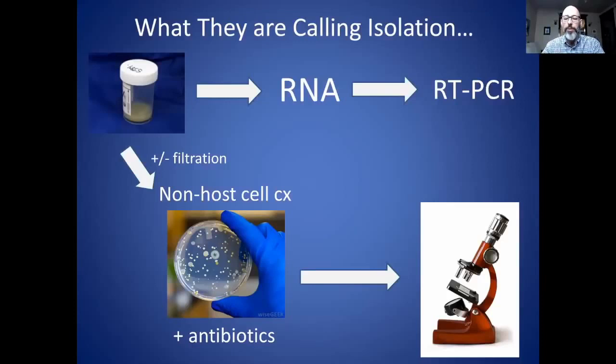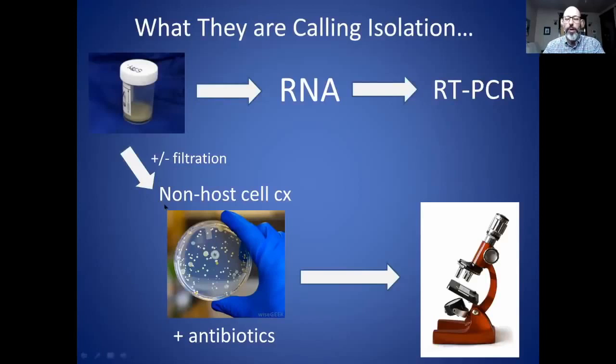But this has nothing to do with Rivers' criteria. As I said before, there was nothing mentioned about genetic material. The other pathway that they do is they take that fluid, they may or may not filter it. Some of the methods are not described in very much detail, so they leave out this step. It's hard to tell if they've done it or not. And then they mix this body fluid with non-host cells.